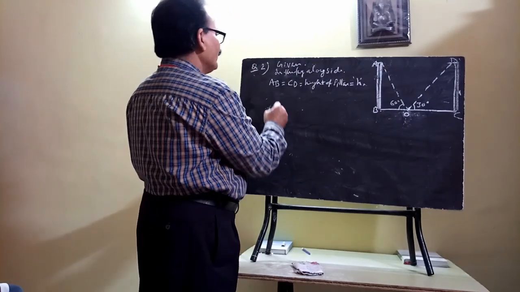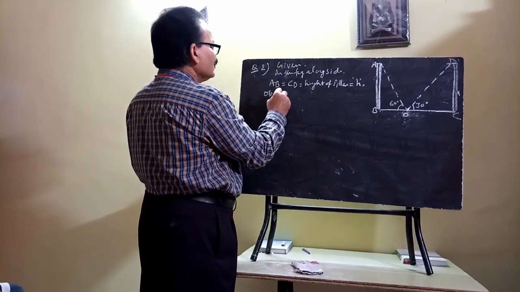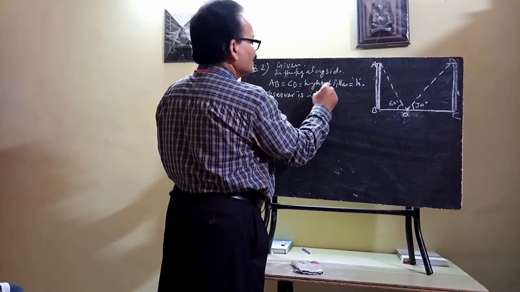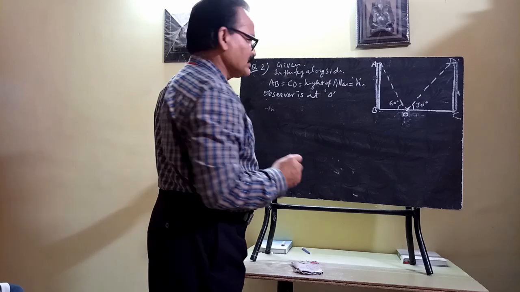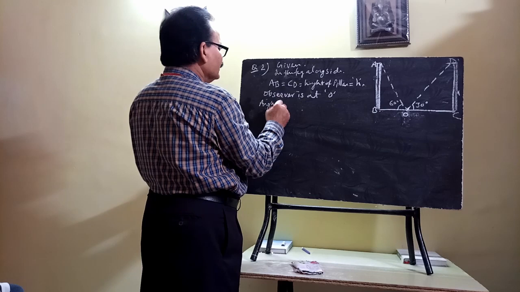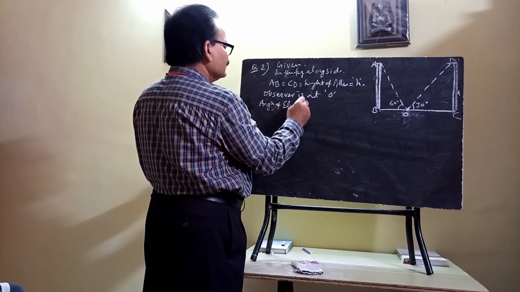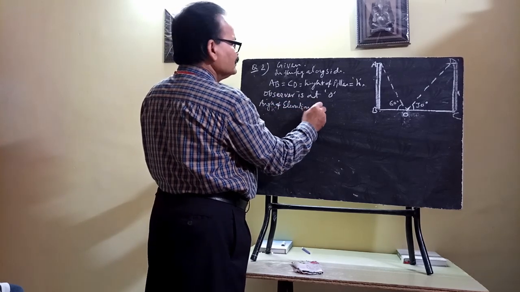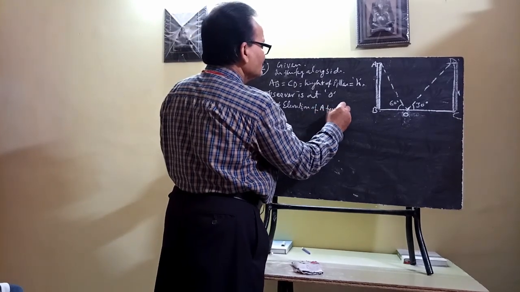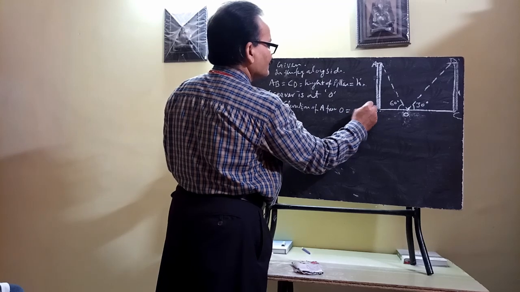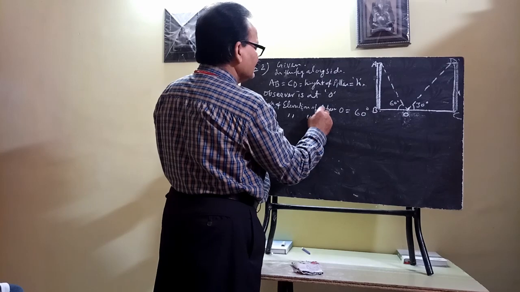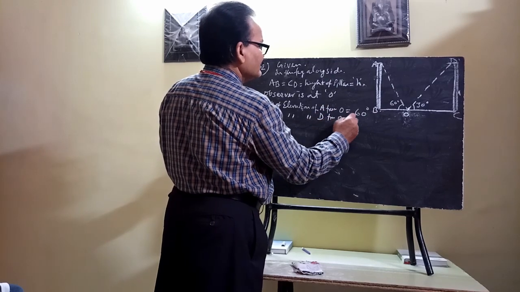Here the observer is at O. The angle of elevation of E from O is 60 degree. Similarly, the angle of elevation of D from O is your 30 degree.